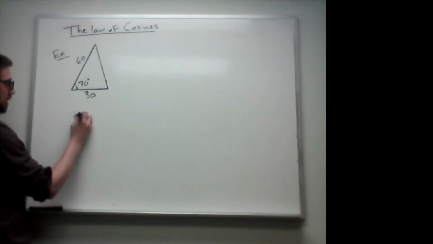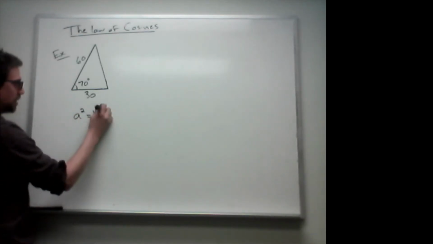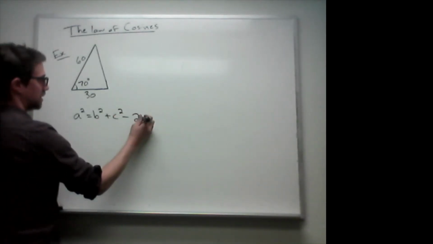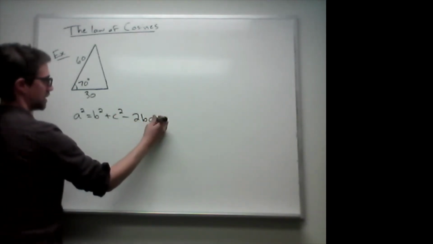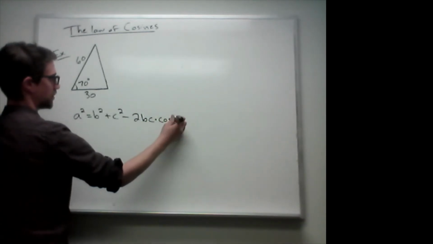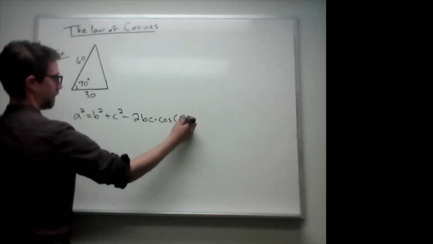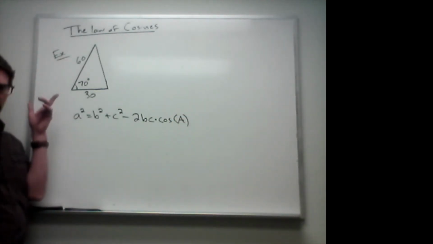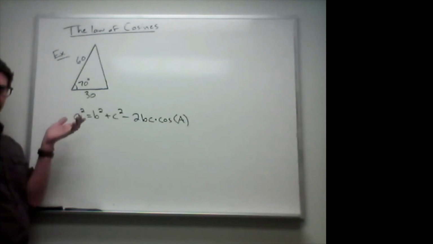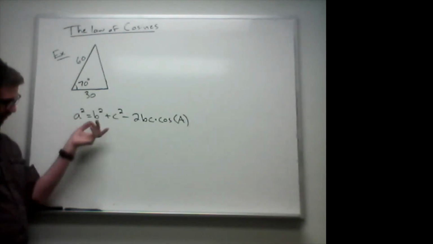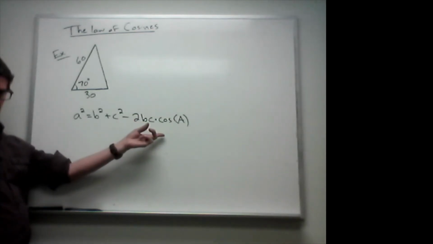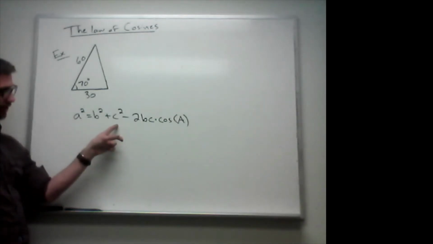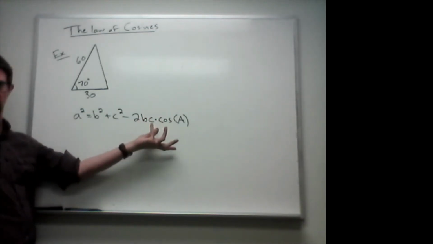It says that a squared equals b squared plus c squared, should seem kind of familiar, minus 2 times b times c times the cosine of angle A. We haven't labeled this triangle yet, and it works for any side, if you know its corresponding angle. But it says, to find a squared, you take the sum of b squared and c squared, and then you subtract this big thing off the end.